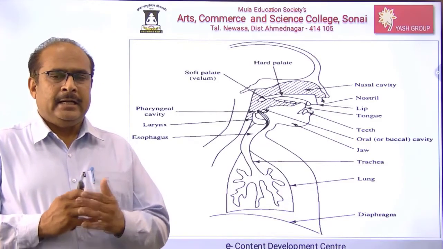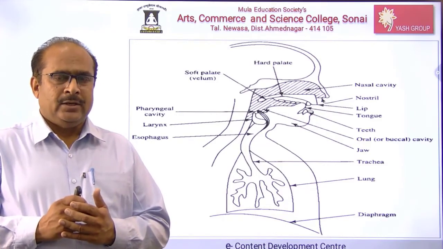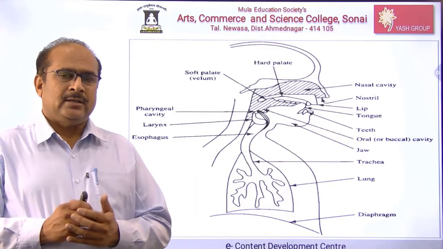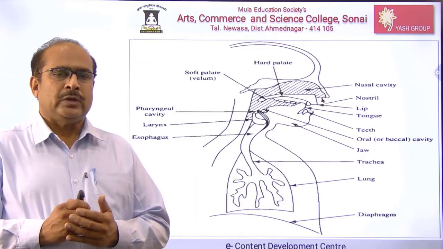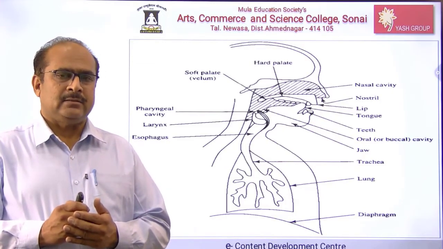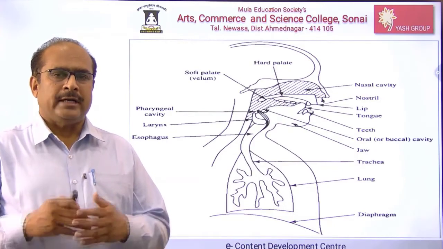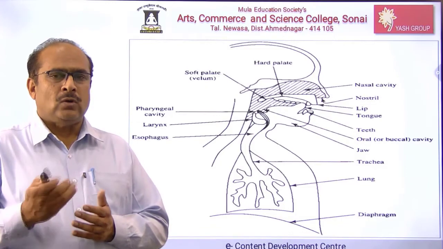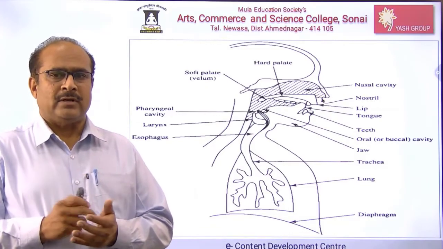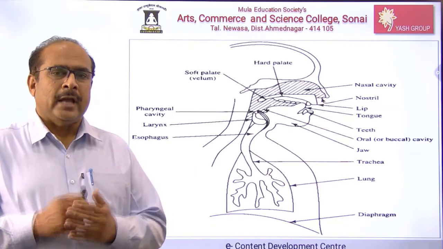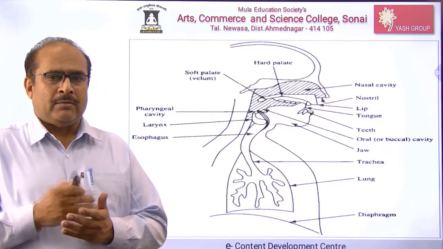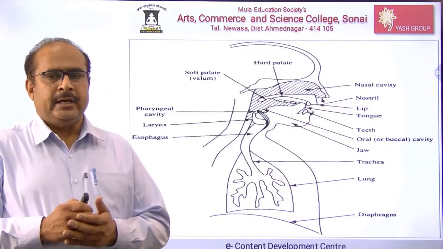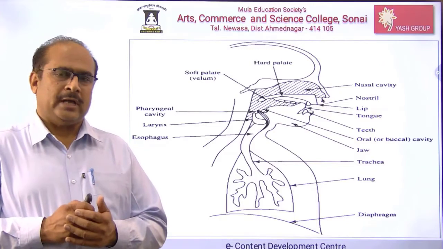Then the air reaches a point where there is a soft palate. Soft palate, as we know, is an active articulator. It can be brought down or it can be raised. When it is brought down, it blocks the oral cavity and the air passes through our nasal cavity. And whenever it goes up, it closes the nasal cavity and the air has to pass through our oral cavity.